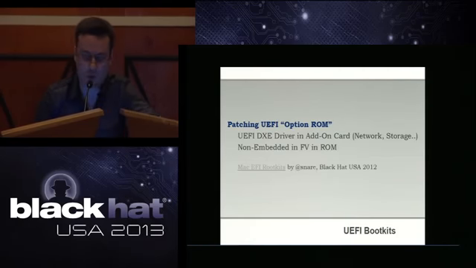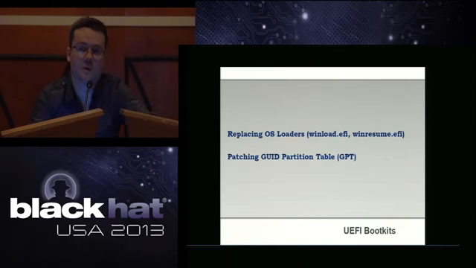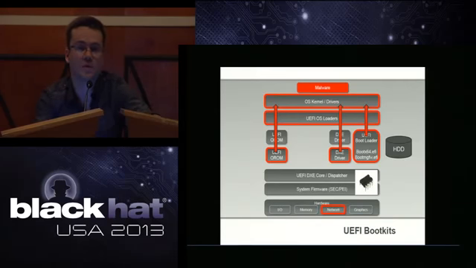And there are some additional options. For example, the exploit could replace the OS loaders, WinLoad, WinResume. That's a little bit further up the load chain, so it might not be that attractive. Or the exploit could patch the GUID partition table, GPT, on a hard drive. So there are multiple options for bootkits to get installed.